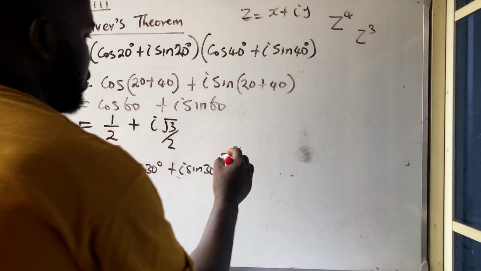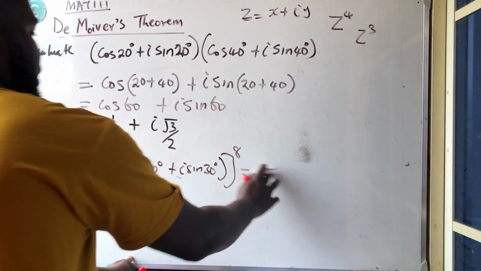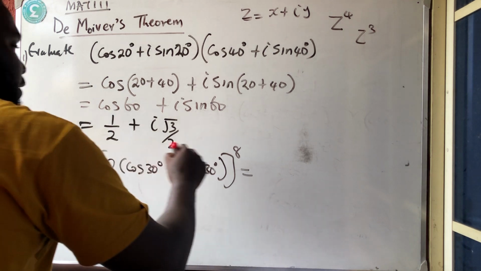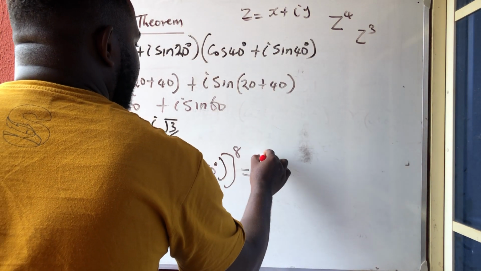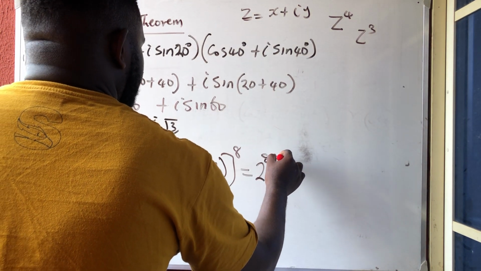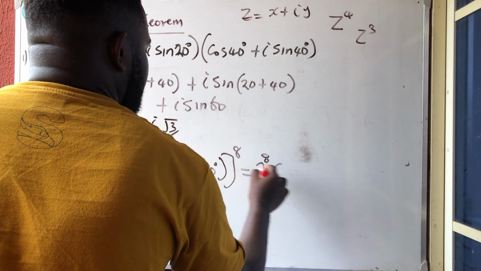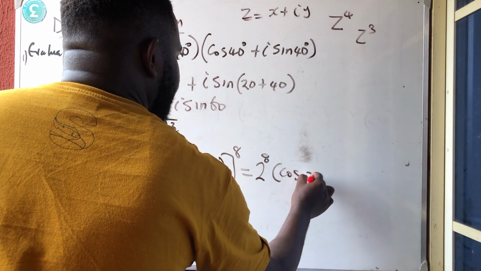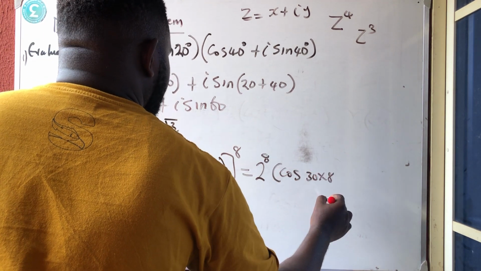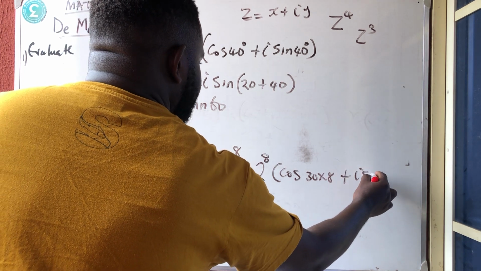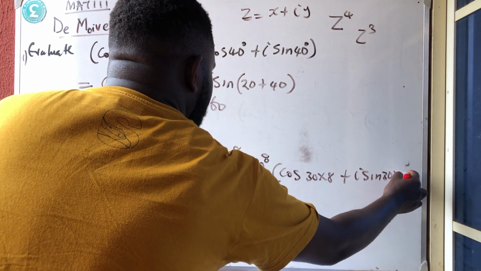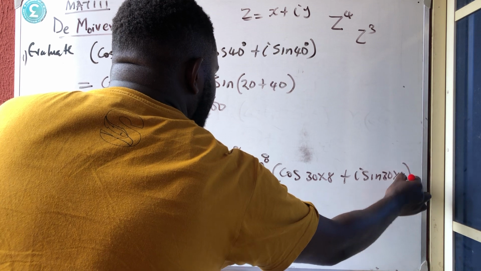It's as simple as this: the modulus first, the 2 will be raised to power 8. Then this one will now be cos of 30 times that 8, plus i sine of 30 times that 8. As simple as that. You see, it's very, very simple.